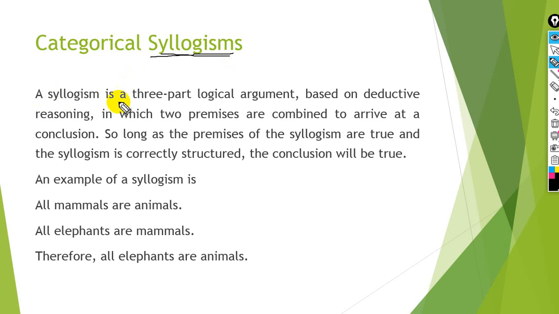A syllogism is a three-part logical argument based on deductive reasoning in which two premises are combined to arrive at a conclusion. So long as the premises of the syllogism are true and the syllogism is correctly structured, the conclusion will be true.